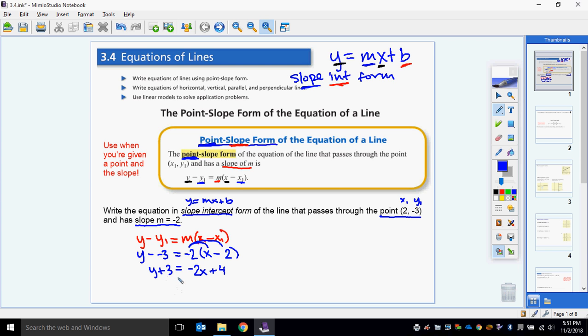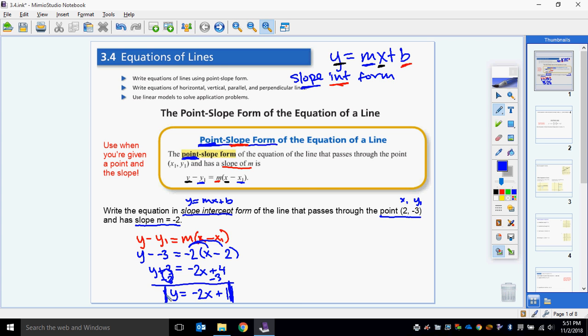So y still isn't by itself. I need to move the 3 over. So I'm going to subtract it here. And the 3 is like terms with the 4. So 4 minus 3 is a +1.